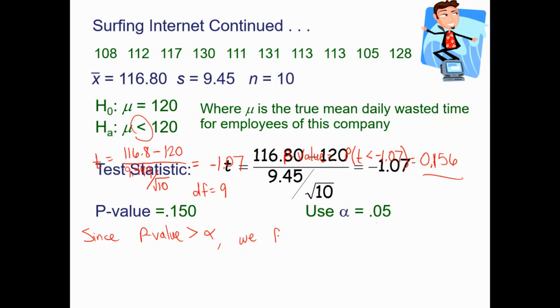If we're greater, we fail to reject. Now, which one of these was the CEO's original claim?